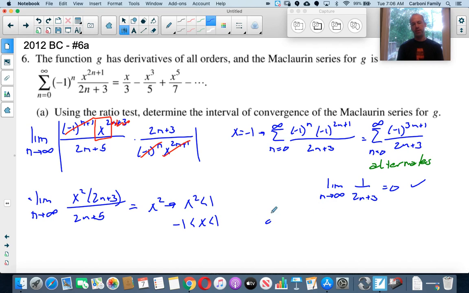And then to show that it decreases, I kind of did this one really quick last time, but to show something decreases, the easiest way is typically to show that the n plus first term is indeed less than the nth term. If that is difficult to prove, you could find the derivative of the function that is similar to the series and show that that derivative is always negative, or eventually negative would be sufficient.